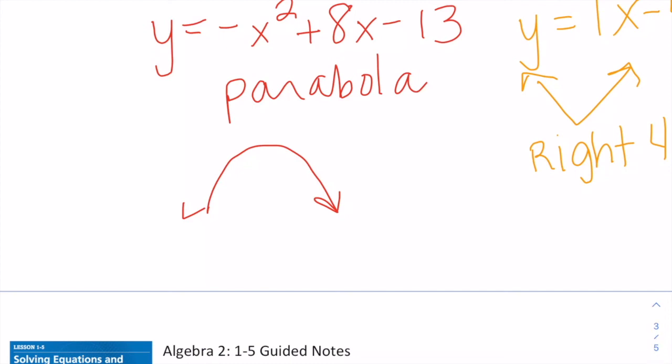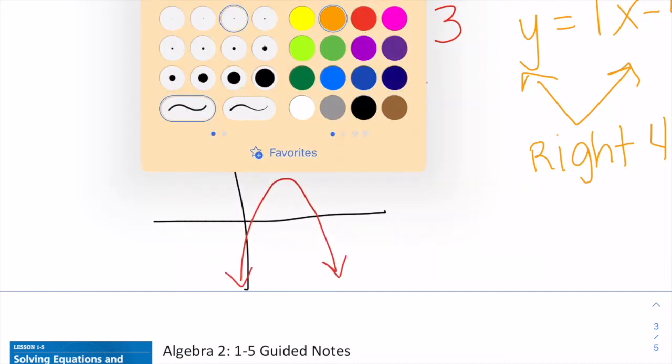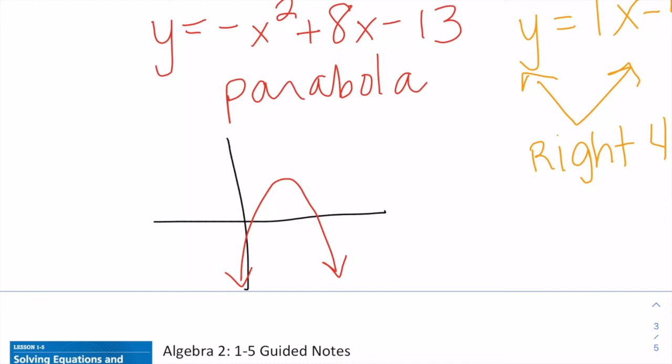Okay, so let me just erase this so we could kind of see. Let's make this a little bit more of a sketch that we saw in the Desmos. So the parabola was going downwards like this, and then the absolute value was pretty much right in between, right? So that was 4 right here. But we wanted to find those points of intersection.